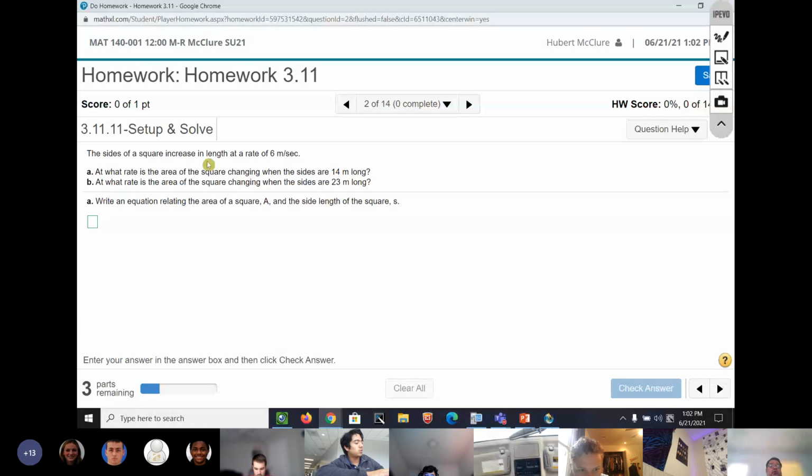Sides of a square increase in length at a rate of 6 meters per second. At what rate is the area of the square changing when the sides are 14 meters long? And at what rate is the area of the square changing when the sides are 23 meters long? Okay, so go ahead and take a look at that for a second. Draw a picture. The sides of a square, so they're all equal.